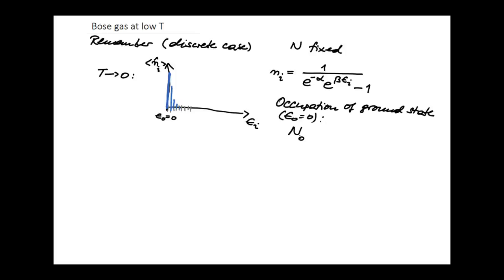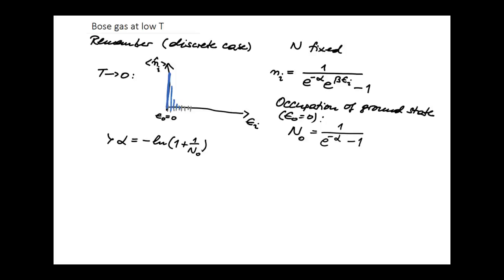Well, in the ground state, epsilon_0 is 0, and the formula simplifies. This is just 1 over e to the minus alpha minus 1. You can solve that for alpha. This is then minus the log of 1 plus 1 over N_0.